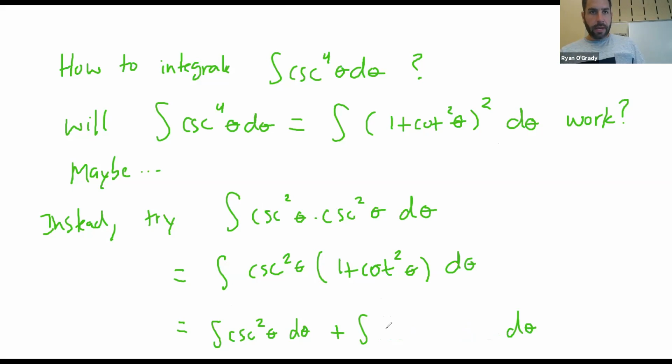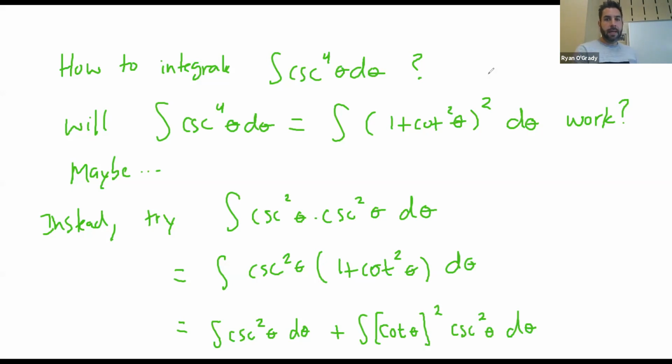I am going to write it as the cotangent theta squared times the cosecant squared theta. It's the same thing I just did; I just erased it and wrote it in a different order. The reason I'm writing it like this is because the derivative of cotangent is negative the cosecant squared.